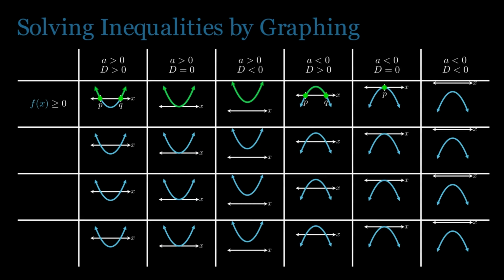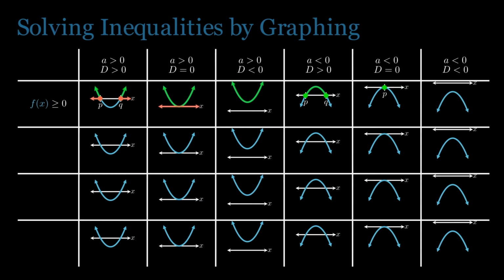Next, we recall that at the end we're looking for the x-intervals on which the parabola is where we wanted it to be with respect to the x-axis. So let's identify those x-intervals for each of the 6 alignments. The first case has 2 such intervals.